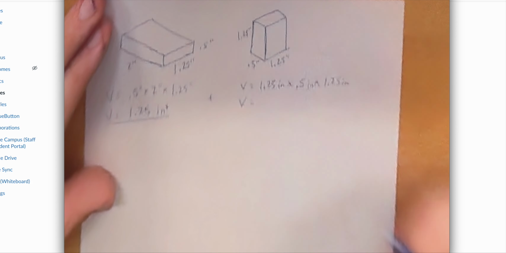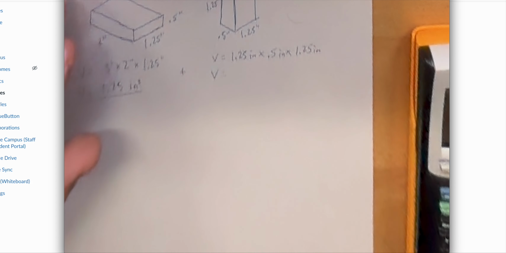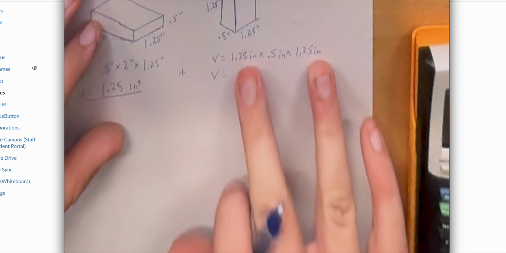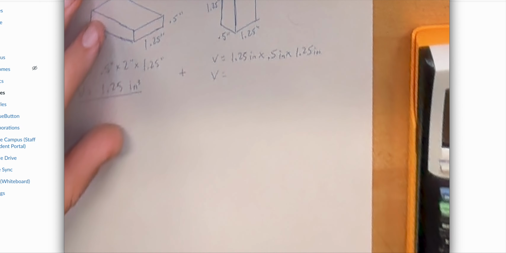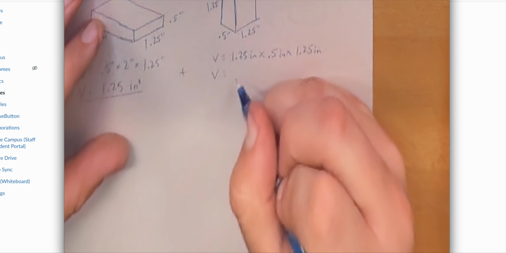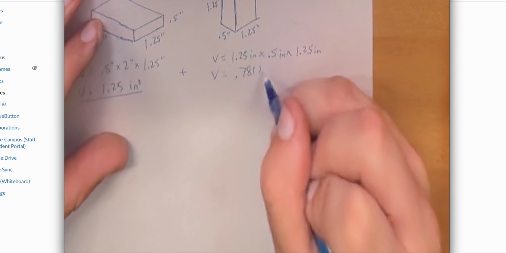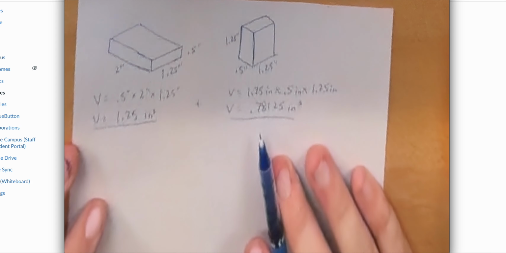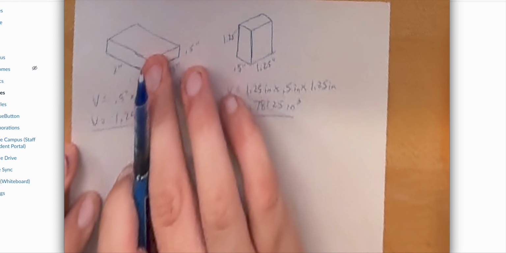And so now whenever we multiply this out, we're basically going to end up with 1.25 squared, just because it's 1.25 times 1.25 times 0.5. So now that ends up giving us 0.78125 inches cubed.